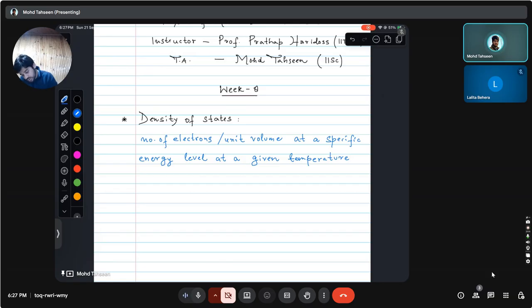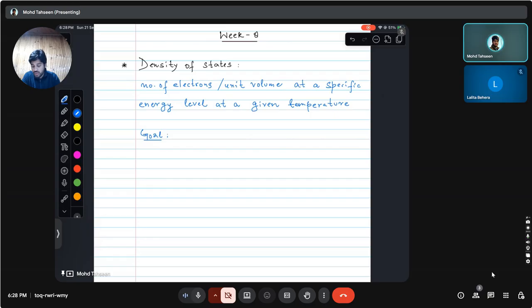Because our ultimate goal is to, so we'll use this information because now we are developing the Drude-Sommerfeld model, right? We want to use this model to explain the incorrect predictions.